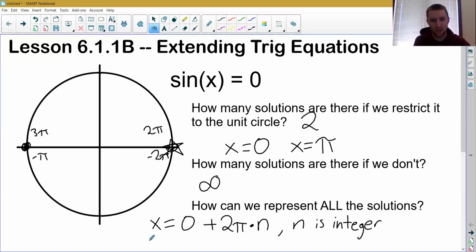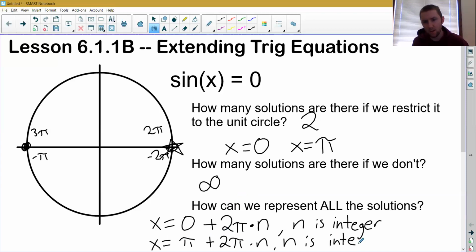And then I can also say x can equal pi, and I can do exactly the same thing: add 2 pi times n, where n is an integer. That will go around and around the circle and hit this point over here, pi, over and over again with different angle values. So that is how we represent all the solutions.